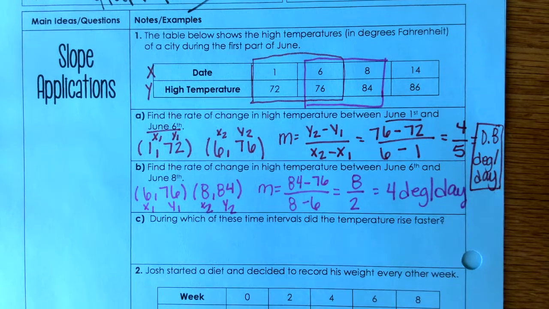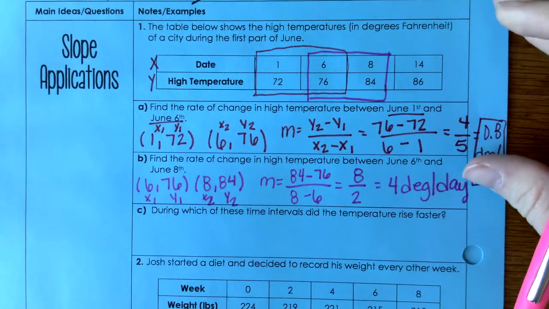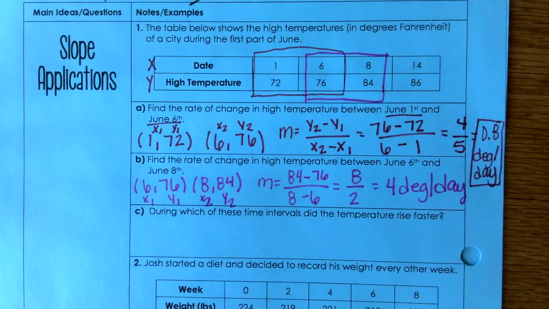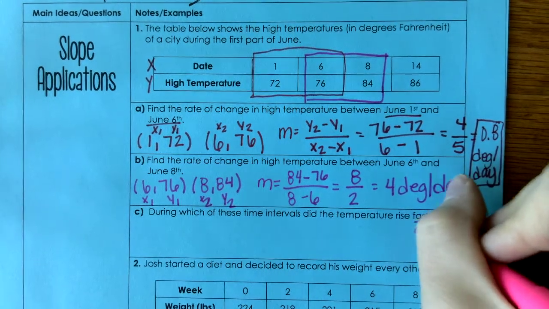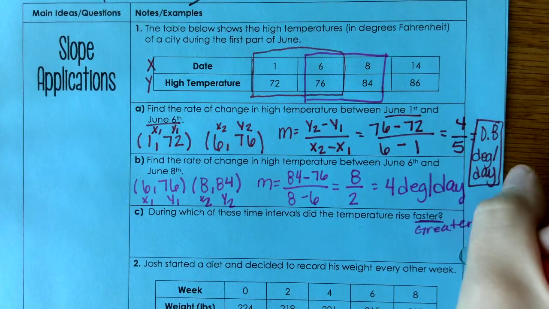Now it says, during which of these time intervals did the temperature rise the fastest? So if it's the fastest, I am looking for the greater number.